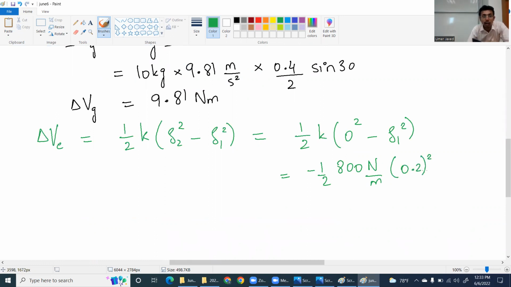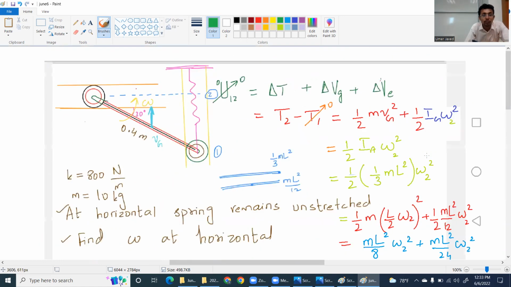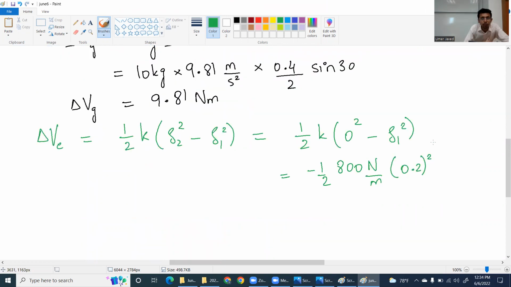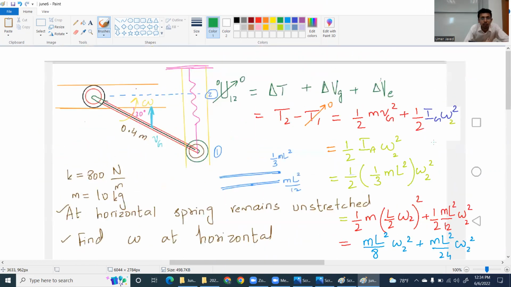And students who are saying, how did you write delta 1 is 0.2? Why did I say delta 1 is 0.2? Anyone who can tell me why delta 1 is 0.2? Because the spring will be 0.5 times 0.4, which is equal to 0.2.